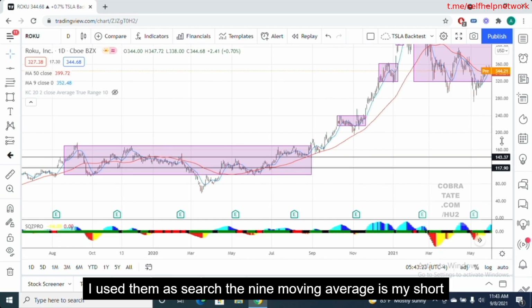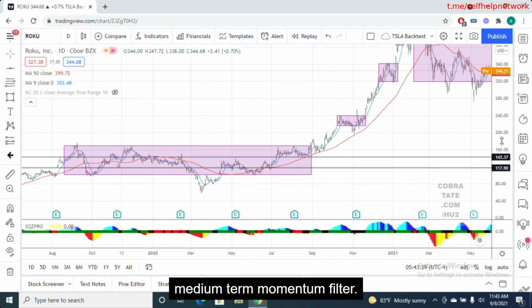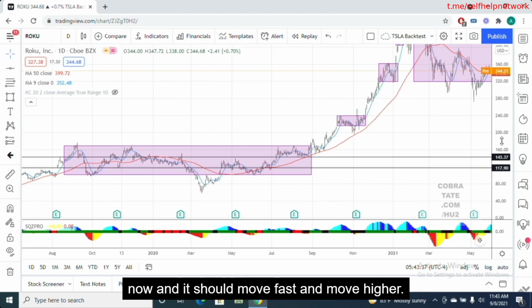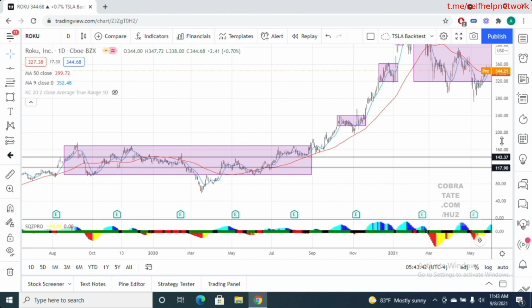The 9 moving average is my short-term momentum filter, and the 50 moving average is my medium-term momentum filter. If the price is above the 9 moving average, it's likely to keep going. It's likely that it has high momentum right now and it should move fast and move higher fast.